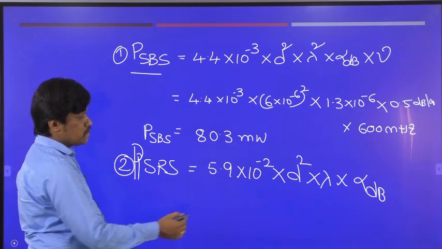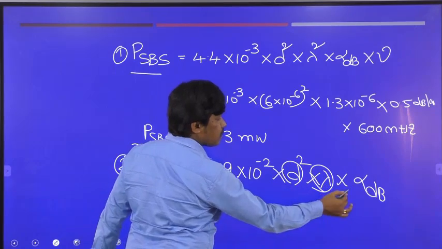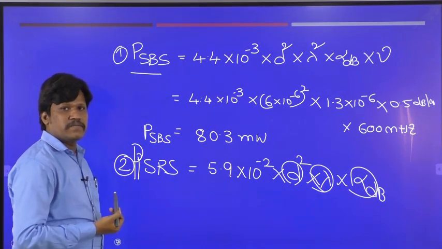Now substitute the core diameter, wavelength and alpha dB attenuation in stimulated Raman scattering.